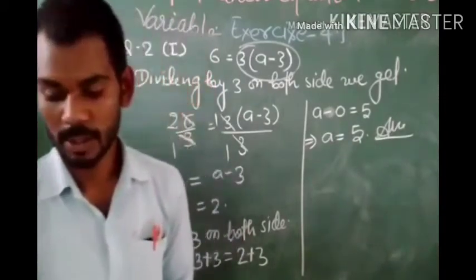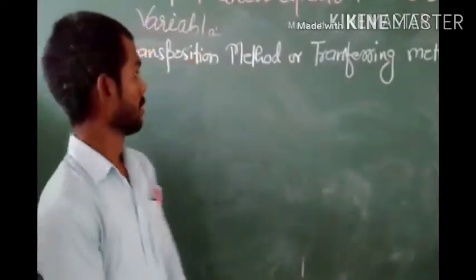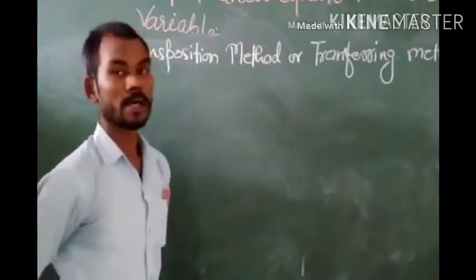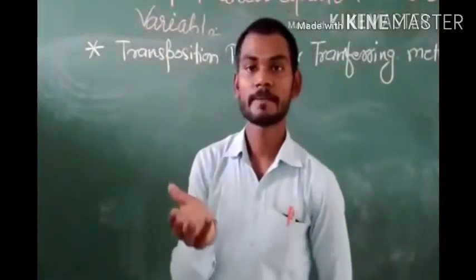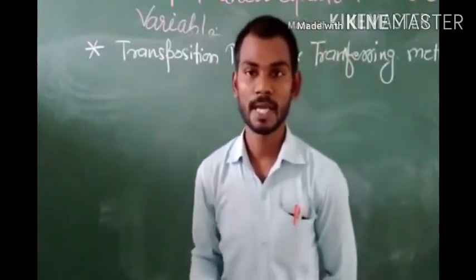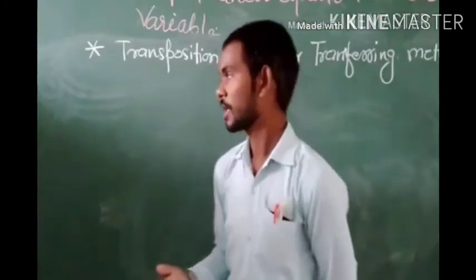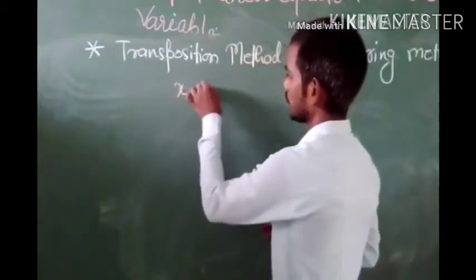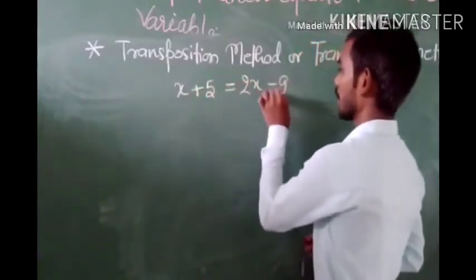What is the transposition method? Let us see this. The new method is the transposition method or transferring method. In this method, the process of transferring the algebraic terms from the left hand side to the right hand side is called transposition or transferring. Let us suppose a linear equation x plus 5 is equal to 2x minus 9.